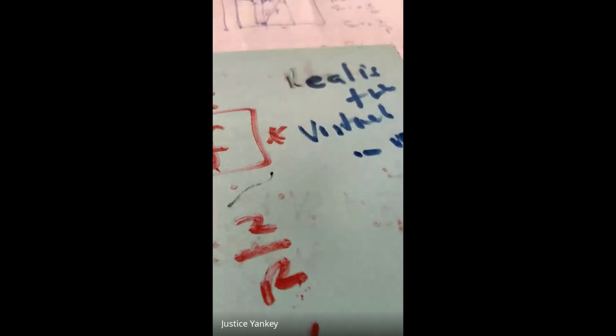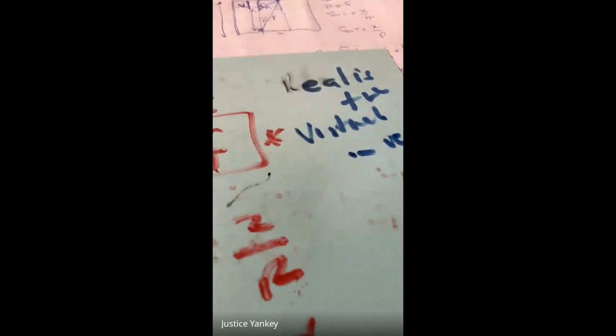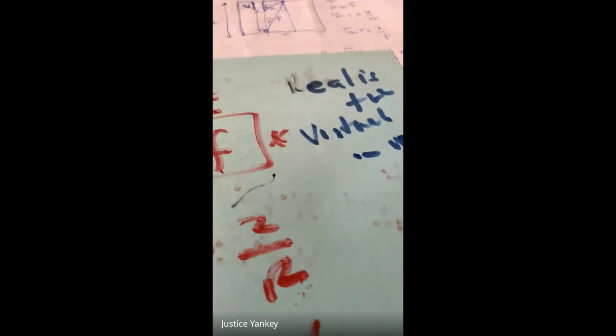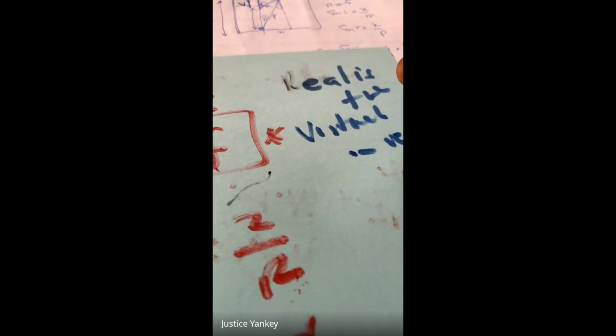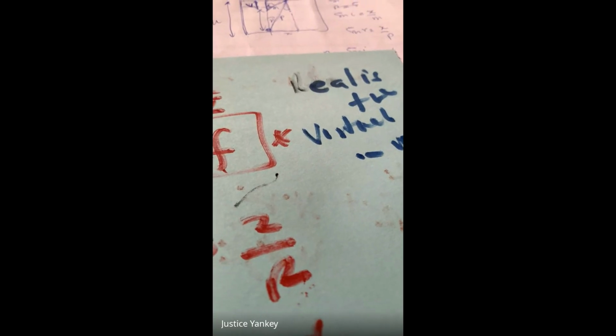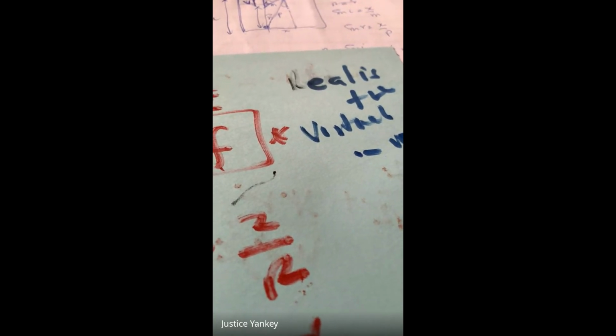Virtual is negative. So when there is a real object, it will be positive. When there is a virtual object, it will be negative. When there is a real image, it's positive. When there is a virtual image, it is negative. When there is a virtual object, it will be given a negative sign.